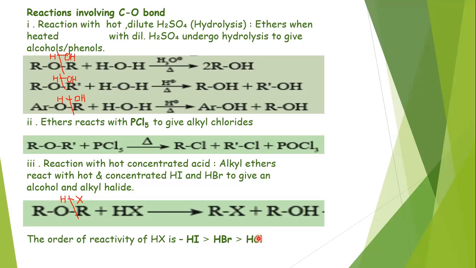So the smaller chlorine forms a shorter bond with hydrogen. Shorter the bond, stronger is the bond. So it is less reactive. Because of the increased size of bromine over chlorine, the bond is slightly weaker than HCl, so it is more reactive.